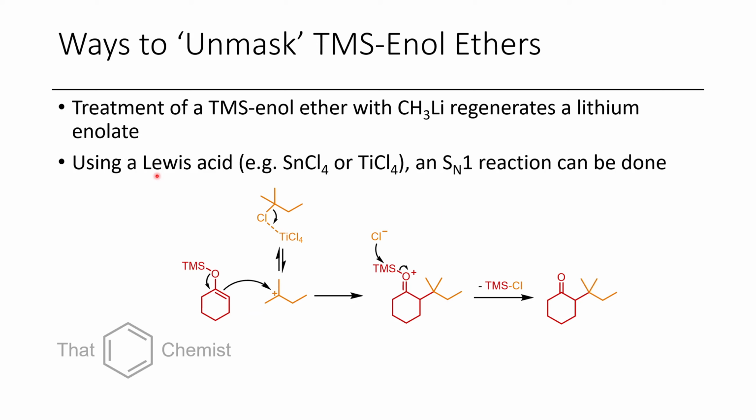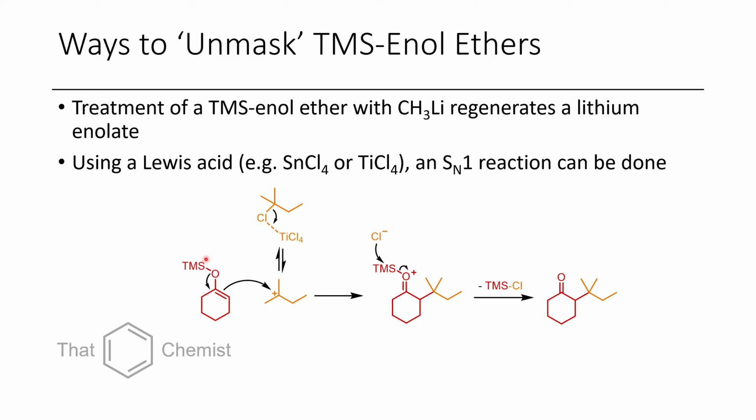Now, some cool chemistry you can do with TMS-enol ethers includes treatment with methyl lithium to unmask the lithium enolate, like I was just saying. The methyl group just attacks at the TMS, forming tetramethylsilane as a byproduct when the lithium enolate is generated.